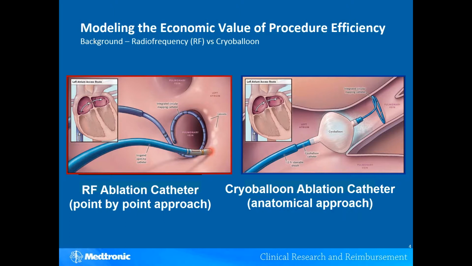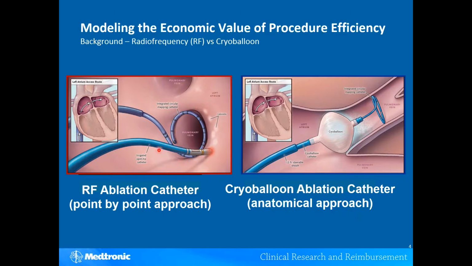If you look on the left side of this screen, there is a technology that has traditionally been used for this purpose, called radio frequency, or RF, ablation. These are catheters that do ablations point by point, because they were originally being used to treat other types of arrhythmias.